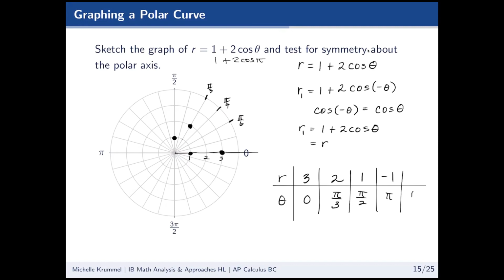Let's see. How about 2 pi over 3? I'm thinking of something that's going to be easy to substitute in. I'm trying to avoid getting the root 3 over 2. So if we're subbing in 2 pi over 3, the cosine would be -1/2. So I would have 2 times -1/2 is -1, plus 1 is 0.